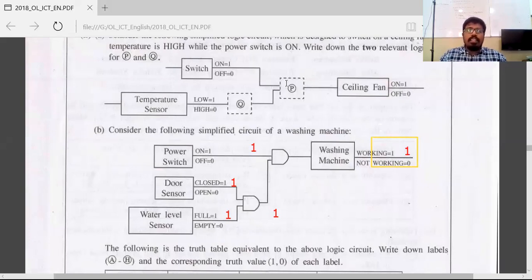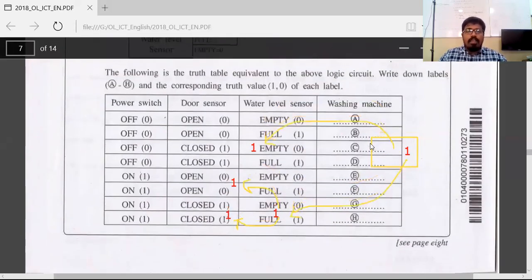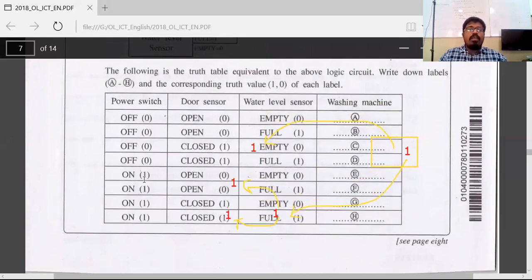That's why in reverse part, I will say this is 1, this is 1. When this is 1, this one is 1, this one is 1. So power on, door is closed, water level full, output will be 1. I will check. Power on.